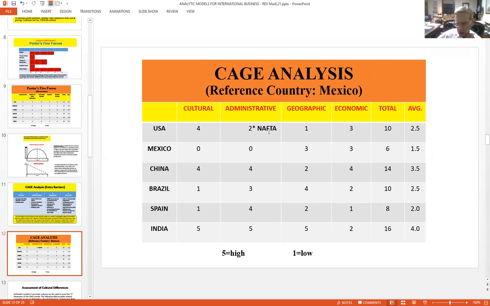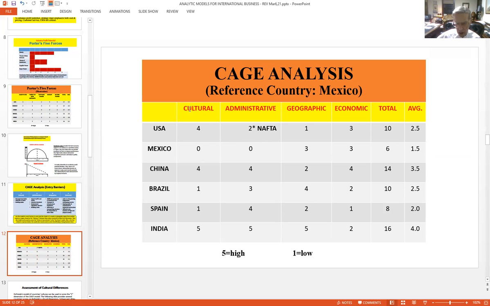So this is a scorecard done by a team, and you can see that there were no cultural or administrative differences between Mexico and Mexico, but apparently they thought that between regions of Mexico there could be geographic and economic distances. And in fact, Mexican cement does travel very badly.